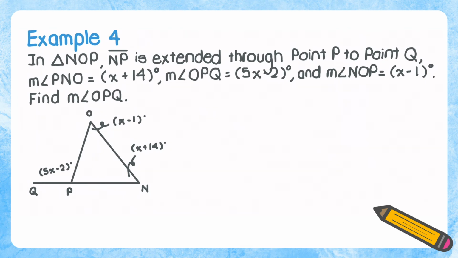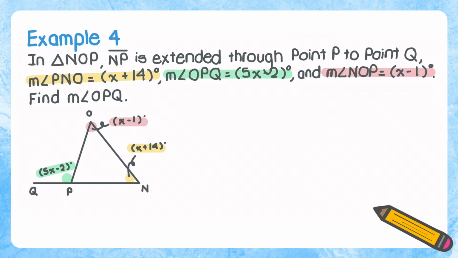So we've identified the three angles. This first one right here, x plus 14 degrees, that's a remote interior angle. And then we also have the exterior angle measure given to us, 5x minus 2 degrees. And lastly, angle NOP is another remote interior angle.